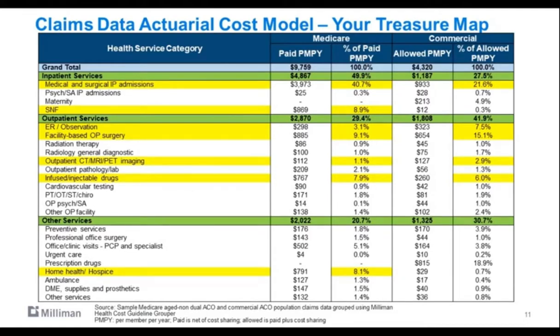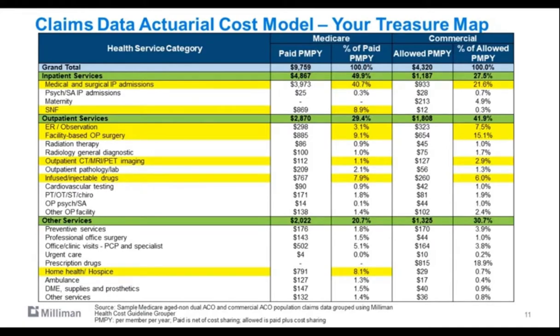So we have then where is the service that could potentially be reduced, what's driving that per member per year cost. And so we have a percent of the paid or allowed amounts. You can see the yellow highlighted lines are the services that have high opportunity, really drive a lot of cost.